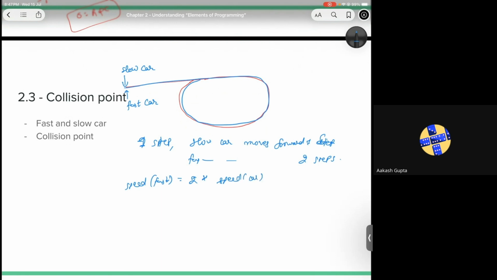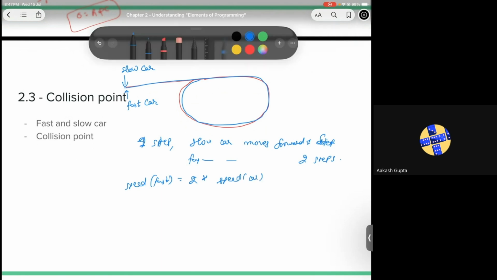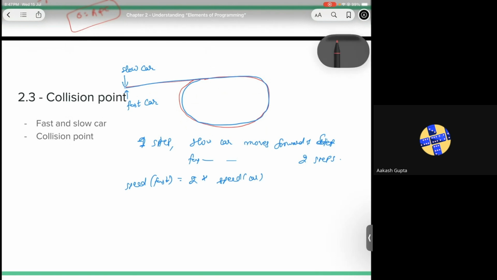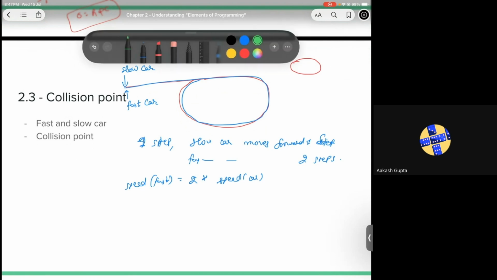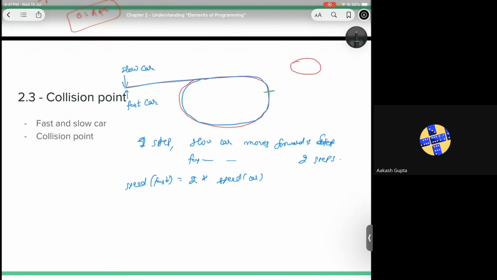And the general idea is that if we have this type of structure where either we are in a p-shaped handle or we are in a circular orbit, after a finite number of steps, these two cars will meet inside the circle at some point. Let's say this is the point where they meet. Okay. So the point where these slow and fast car meet, that point is known as the collision point. We have defined two types of points.